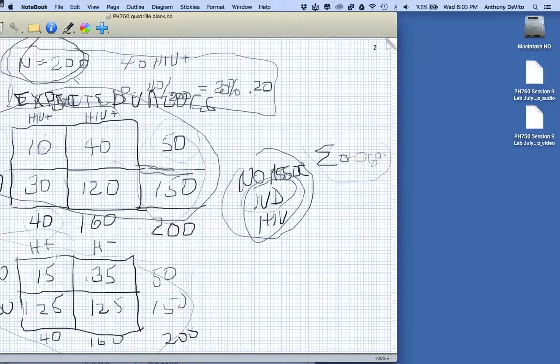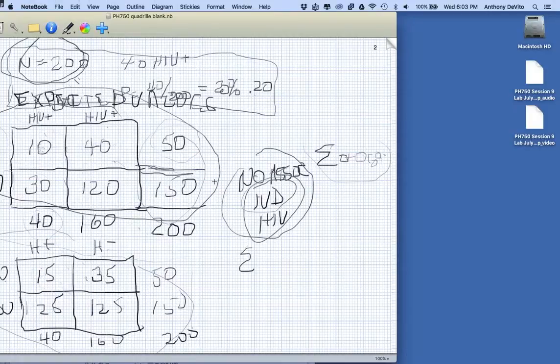Now, this doesn't show quite that strong an association, but there is something that's different about these observed values versus the expected values. So let's add up all these differences. The bigger the differences are, the more likely it seems that I would have an association between drug use and HIV status.